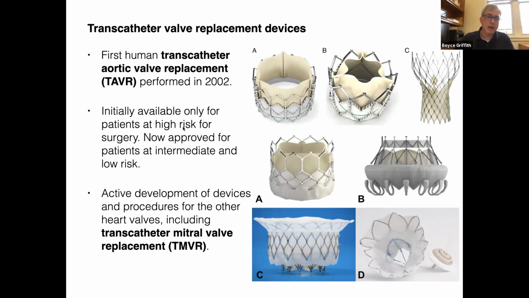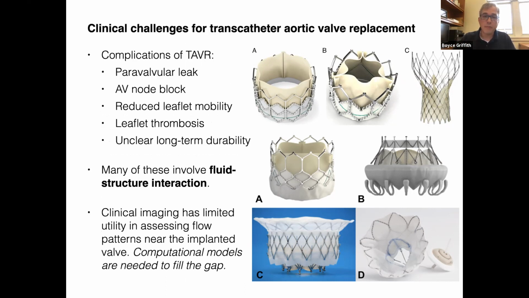They were initially only available for patients that were at high risk of surgery, but they're now approved for essentially all patients that require heart valve replacement. And the initial devices are for the aortic valve. There's very active development of devices and procedures for the other valves, including the mitral valve. So these are examples of devices for the mitral valve that are in development.